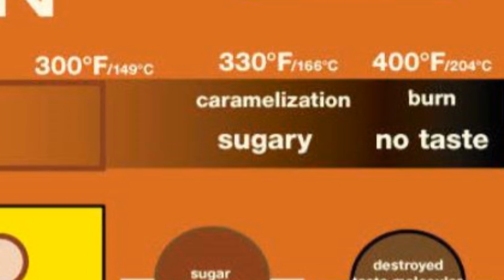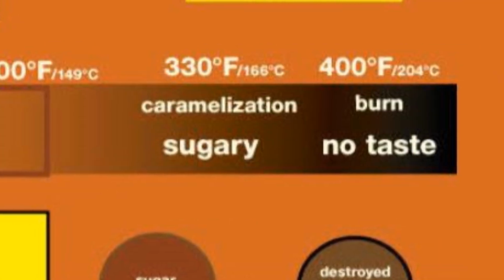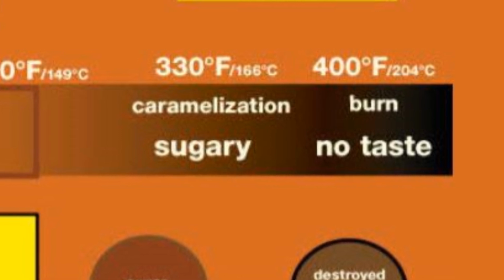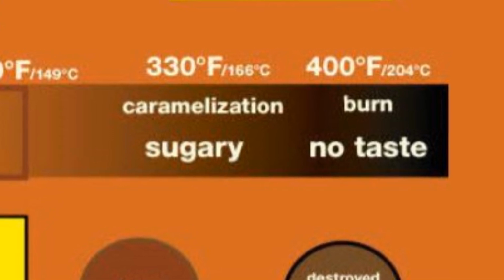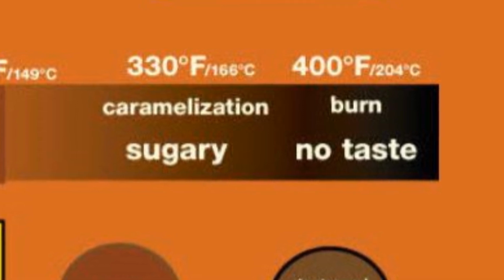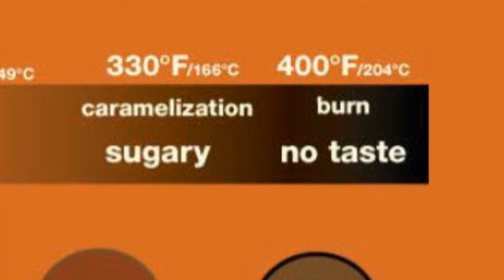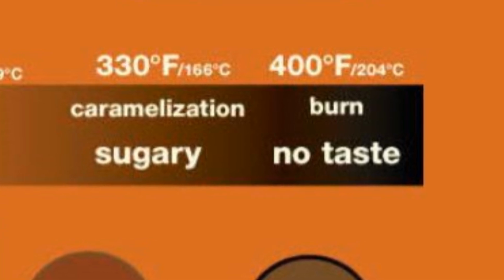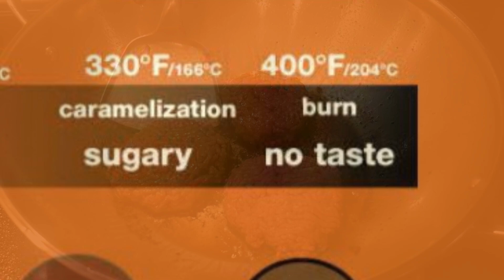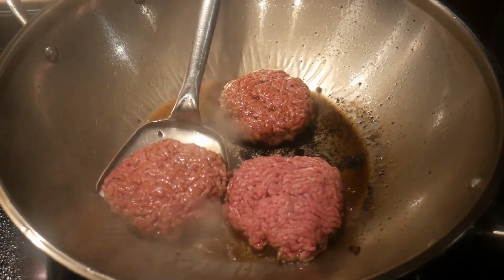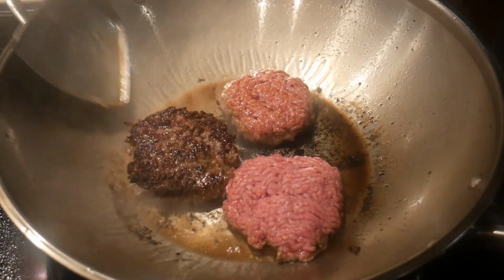Now, what's more interesting is that when the food starts to get into even higher temperature, in this case, when the food is above 400 degrees, the food will start to burn. Now, this is quite common, and you will find it in any type of frying. For example, when you fry a hamburger, all of these reactions actually take place. Like in this case, you turn the hamburger around.